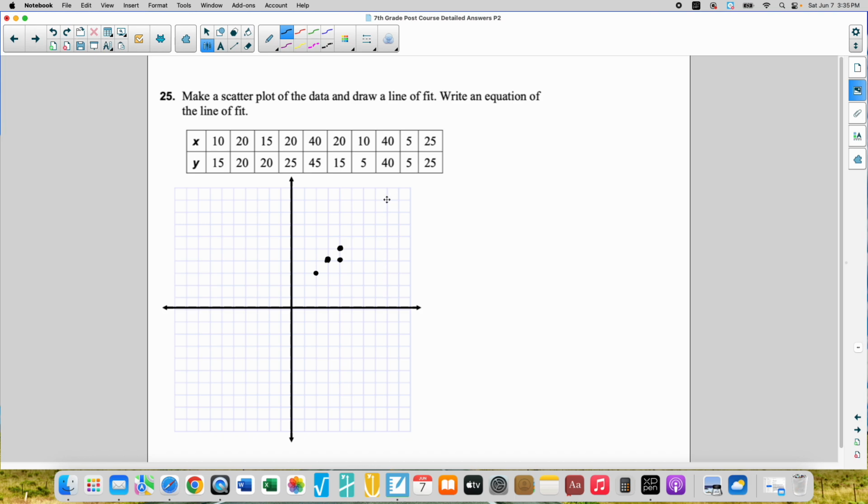So 40, 45 is going to be that. 10, 5 is going to be that. 40, 40 is going to be this. 5, 5 is going to be this. And 25, 25, I think, is this.